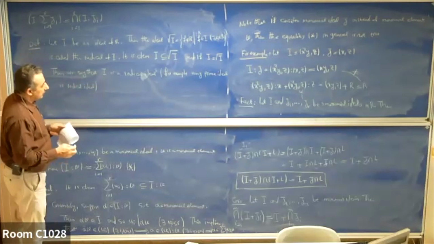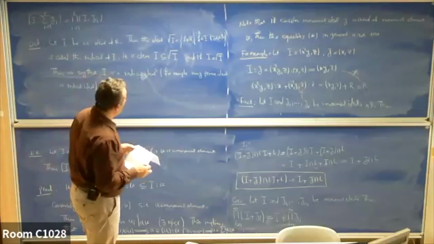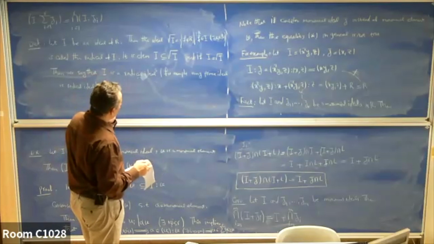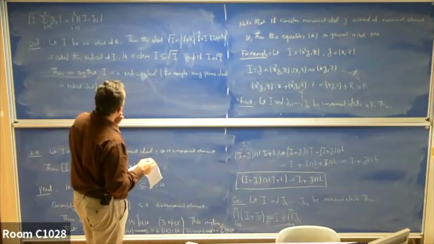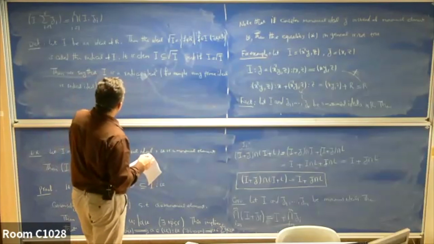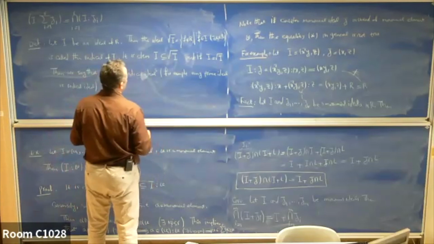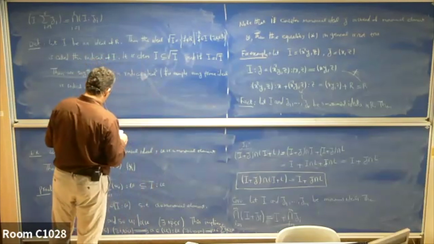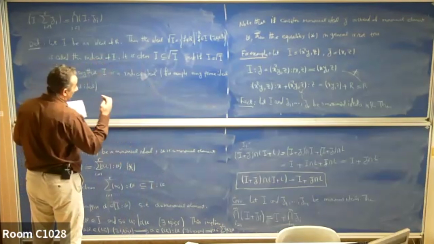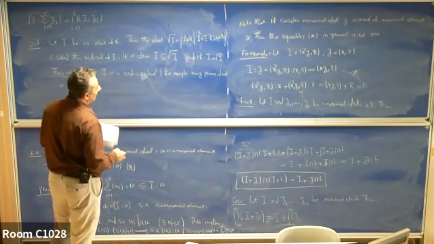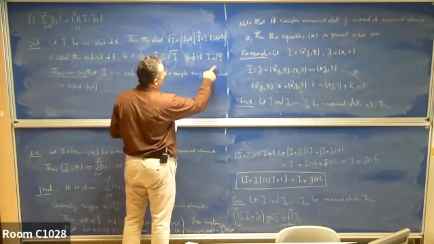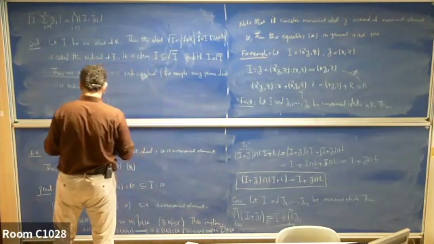So we are familiar with one kind of radical ideal: the prime ideal is a radical ideal. Later we will see another radical ideal which is not prime. A radical ideal is not necessarily a prime ideal.